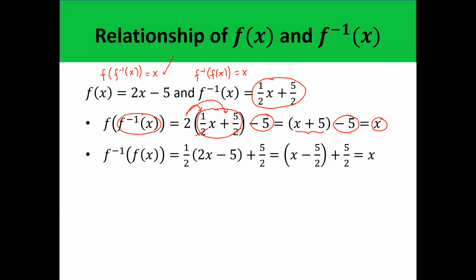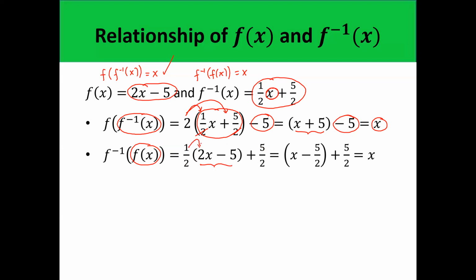And then the second one is f inverse of f of x. This time we will use 2x minus 5 inside this parenthesis, and we will replace this by 2x minus 5. So we have 1 half times 2x minus 5 plus 5 over 2.